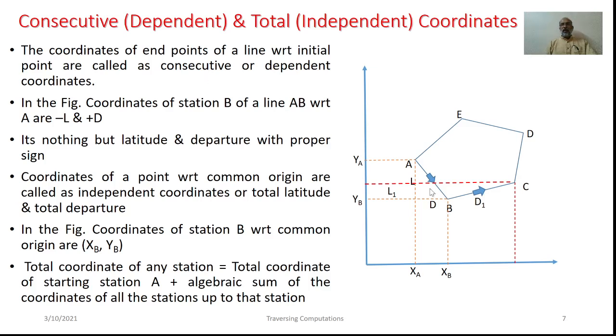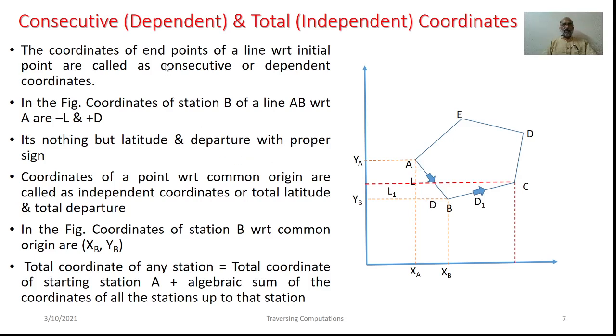In this figure, the coordinates of station B of a line AB with respect to station A are minus L and plus T.